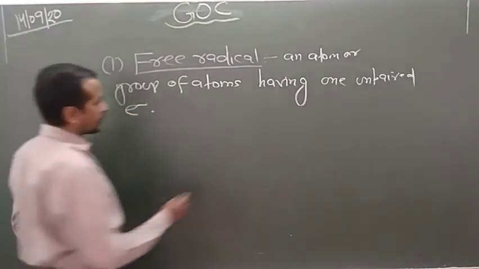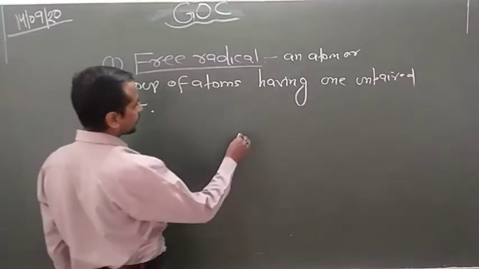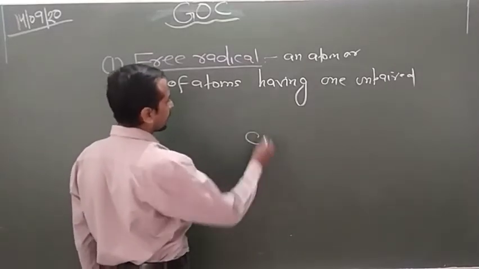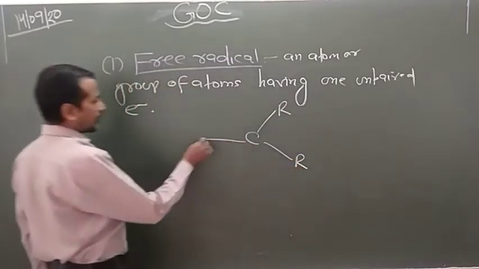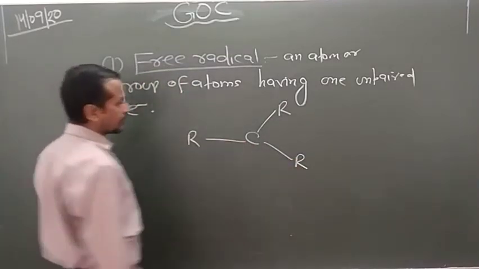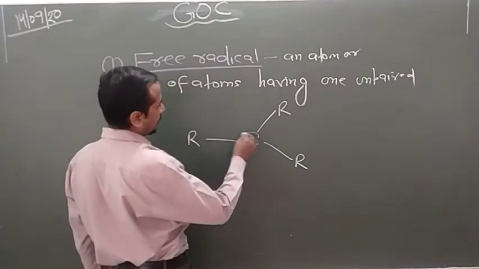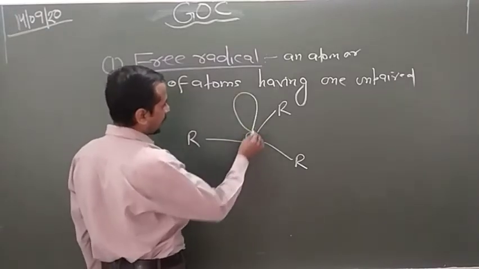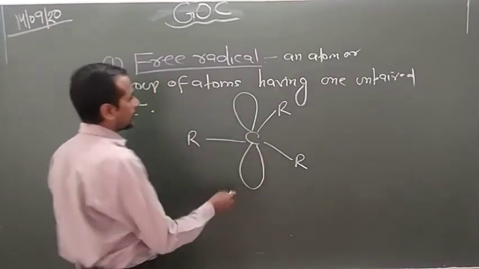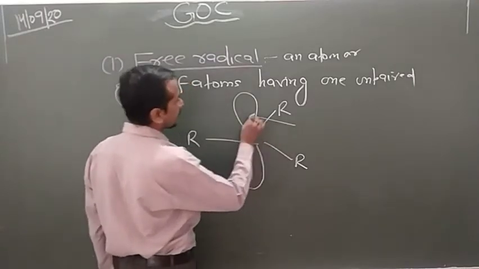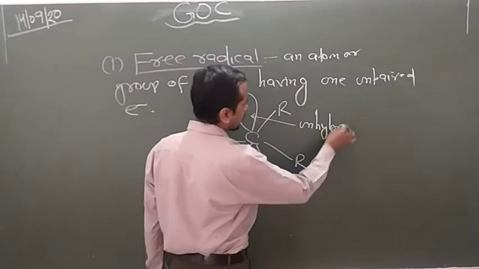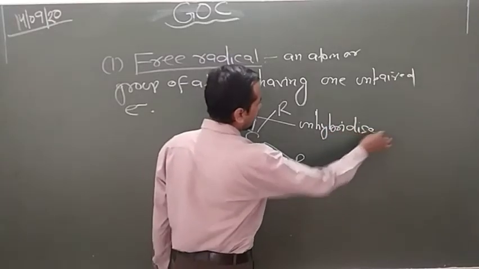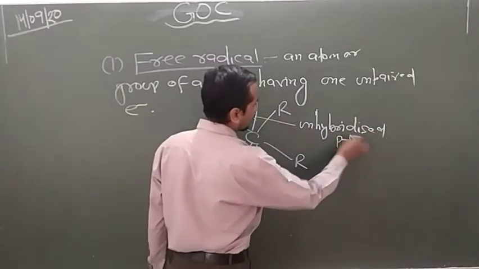Now look at the orbital diagram of a free radical. Carbon is at the center, here 3 alkyl groups or hydrogen or aryl groups are attached like this, and one orbital is an unhybridized p orbital.